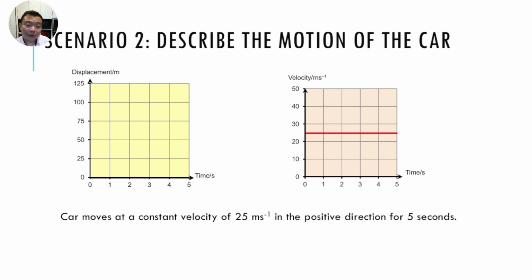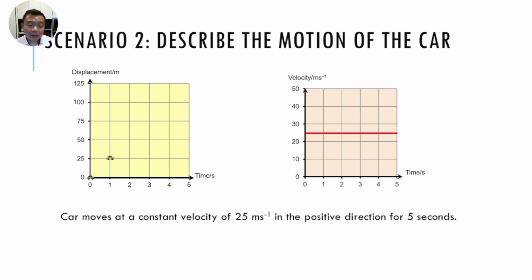Okay, so how will the displacement time graph look like? So the car must start off at 0 meters. So let's put a coordinate at 0, 0. Now, in 1 second, because the car's velocity is 25 meters per second, in 1 second, the car would have covered 25 meters.